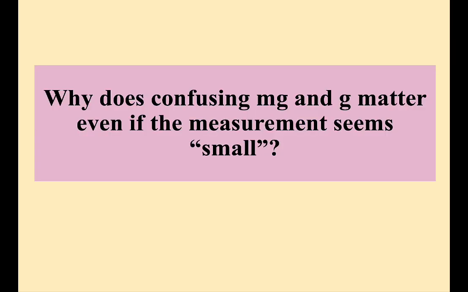Okay, why does this matter even if the measurement seems small? Sometimes it's good to pause and think through these videos. Why does this matter a lot? The measurement is small, 0.5 in each case. What's the difference between grams and milligrams? And the answer here is that a gram is always 1,000 times bigger than a milligram as far as the actual quantity. 5 grams is 1,000 times more than 5 milligrams.